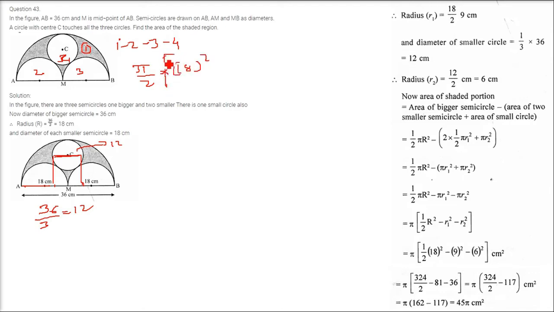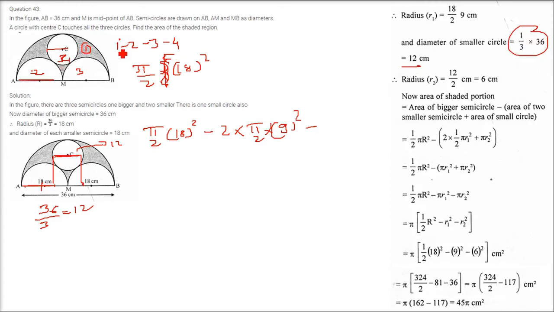I will take pi by 2, 18 square minus. Now twice into, why am I doing twice? Because 2 and 3 are exactly similar. So 2 into pi by 2 into r square. What is the radius of this? This is 18, so the radius will be 9 square. Now subtracting this one. As I said, the radius is 1 by 3rd of 36. I explained how, 12.